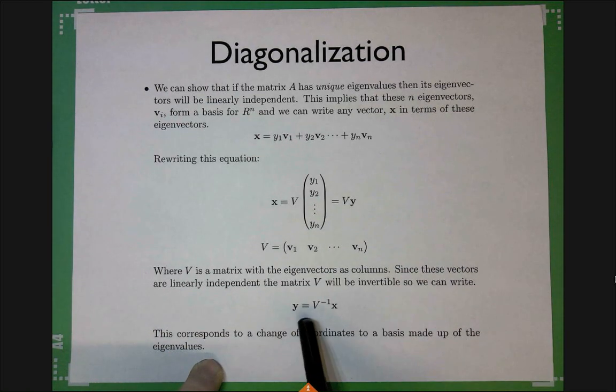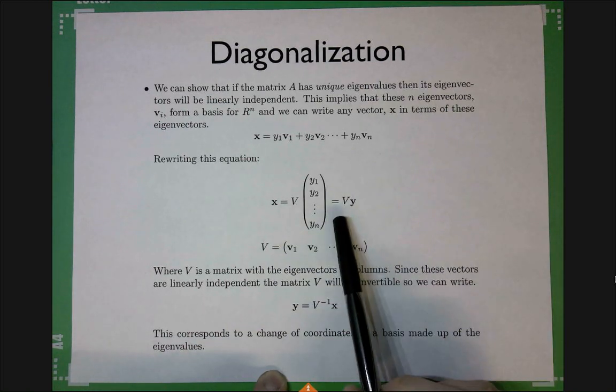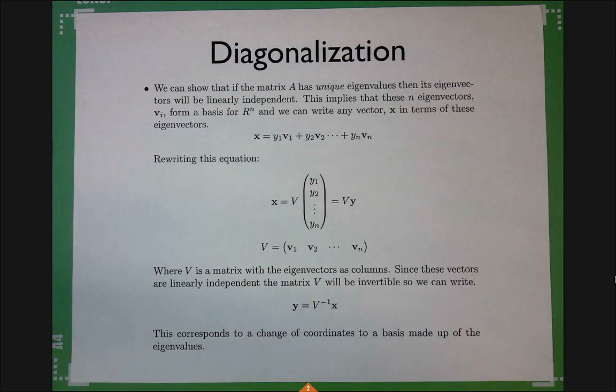So this V inverse is essentially a change of coordinates transformation. If we give it the vector x, it gives us the coordinates with respect to the eigenvector basis. And we could also interpret the matrix V as taking the coordinates and giving us back the vector, just by doing the linear combination.